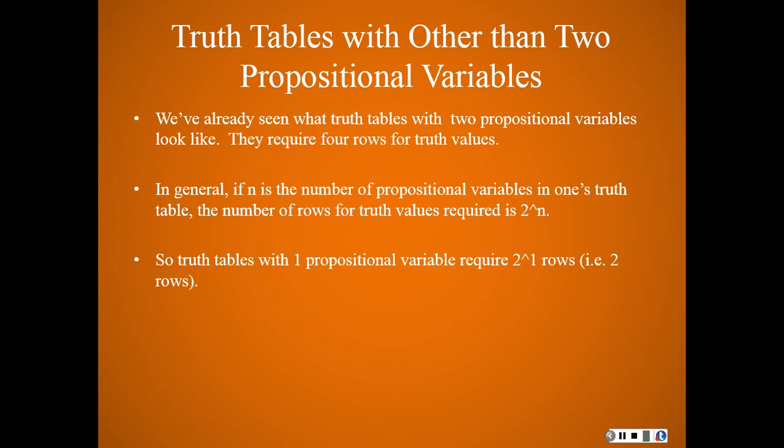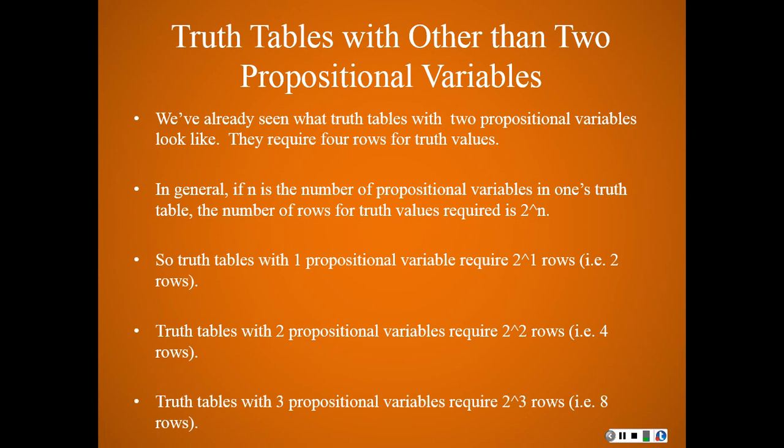So truth tables with one propositional variable require 2 to the 1 rows, namely 2 multiplied once, so just 2 rows. Truth tables with two propositional variables require 2 to the 2 rows, that is 2 times 2, which is 4 rows. Truth tables with 3 propositional variables require 2 multiplied 3 times, that is 2 times 2 times 2, which is 8 rows, and so on.